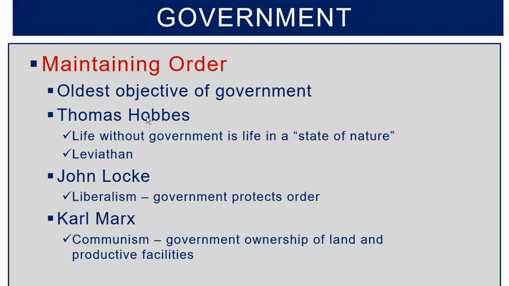But what I want you to understand first is that Thomas Hobbes and John Locke and some of these others believed that life without government, now sometimes they defined this a little differently, is life in a state of nature. What I mean by that is that you have absolute freedom. There's anarchy. There is no government. And think about it.